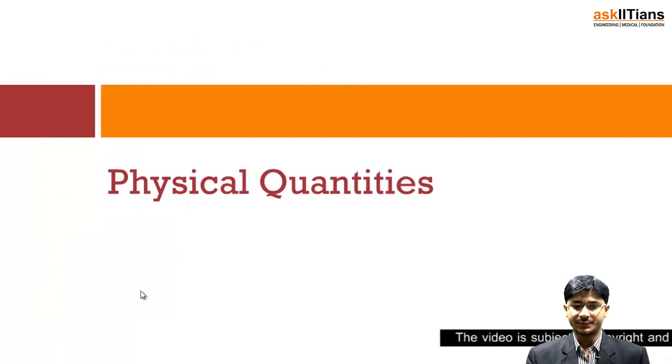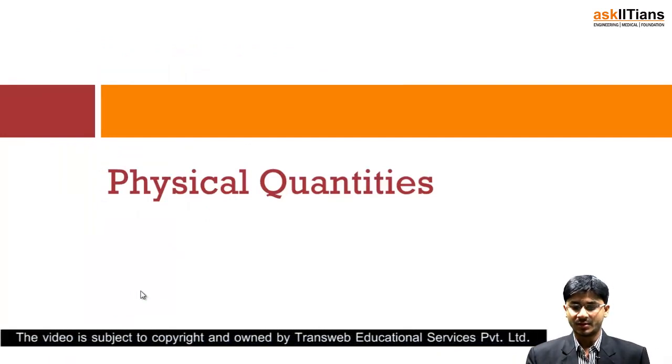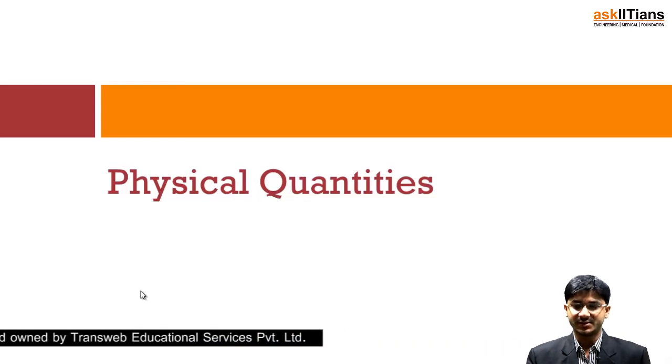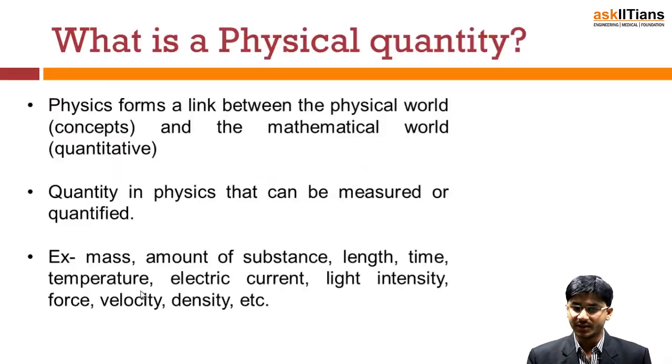The first thing that we need to deal with while studying physics is the very basic question of what physical quantities are, what are the physical quantities that we are measuring. All of the things that we measure in our physical life are called physical quantities.